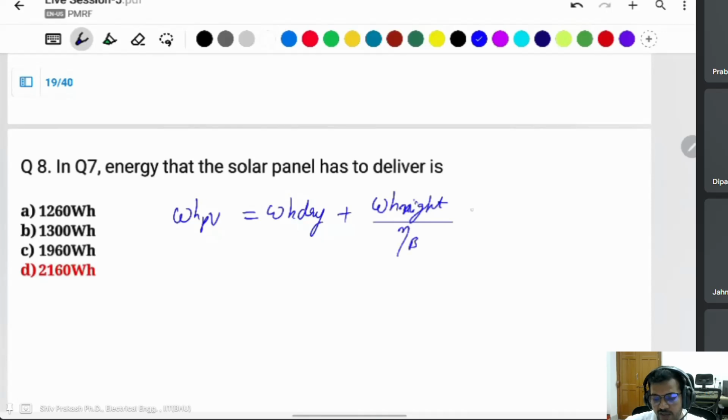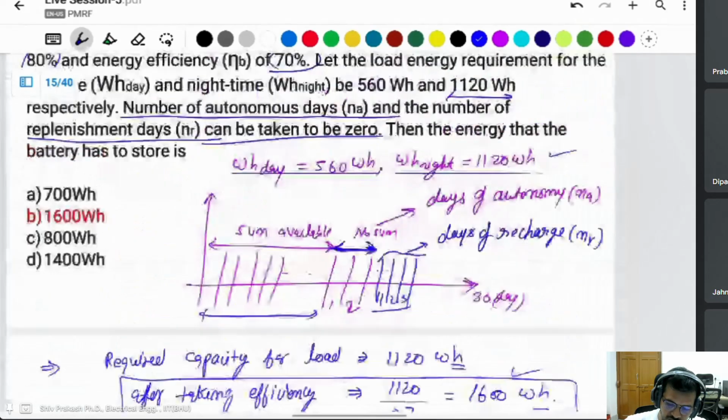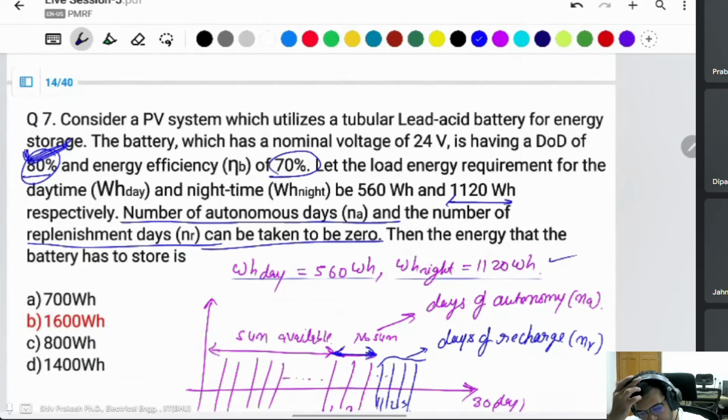If the battery had 100% efficiency, then the solar panel would have to deliver only the daytime load and the nighttime load. But there is not 100% efficiency, it is 80%, 70% efficiency. Sorry, we consider the DOD also to select the battery. You consider the DOD also, not only the efficiency.